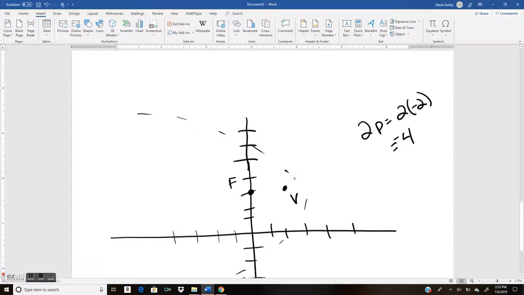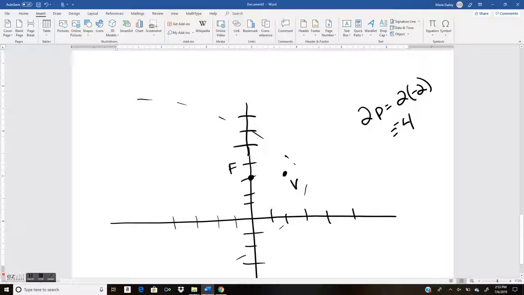I did not just delete everything, that's good. So 4 units up, 1, 2, 3, 4. There is one endpoint of my latus rectum. That is the point 0, 1, 2, 3, 7, right? 1, 2, 3, 4, 5, 6, 7, yep.